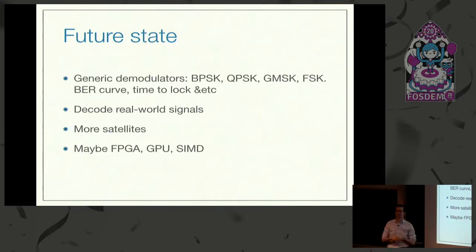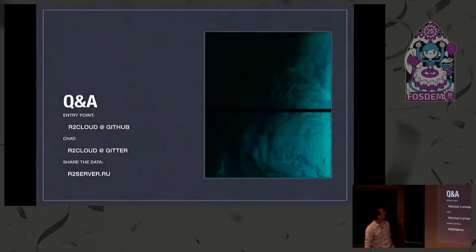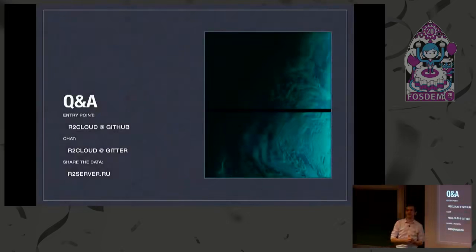So this is a never-ending battle between Earth's gravity and satellites. And we started to support them more and more. Maybe FPGA stuff to optimize the demodulators and reduce power consumption. Yeah, and this is it, I think. Thank you for your time. Thank you for listening. I am open to questions.